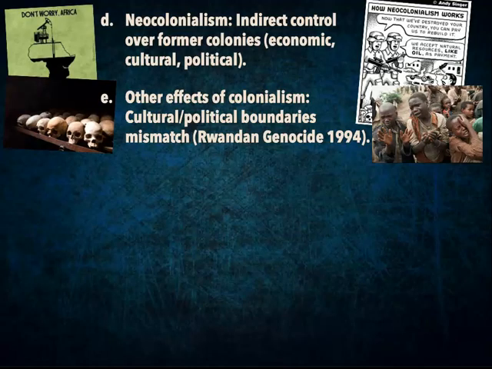Okay, and this isn't a war per se. This is people being rounded up and being murdered, not because of anything they did, simply because of who they were. Okay, and that they were not a member of the one ethnic group. They were unfortunately a member of the other group. And that was the group that the Belgians had given all these privileges to during their years of imperialism, of colonialism, right?